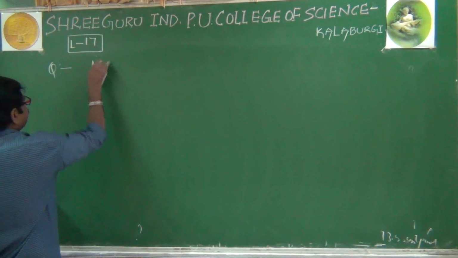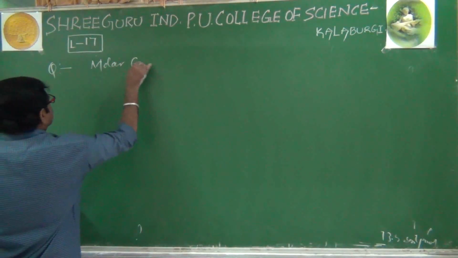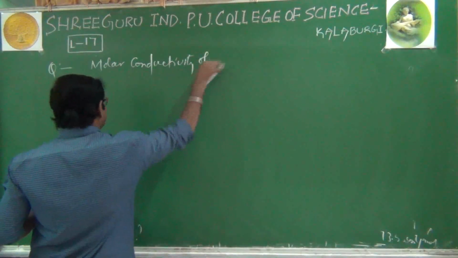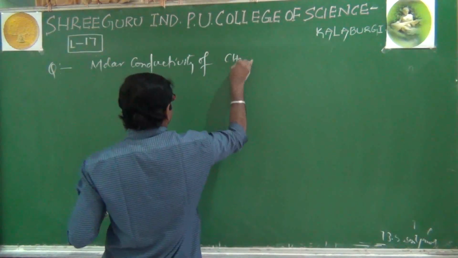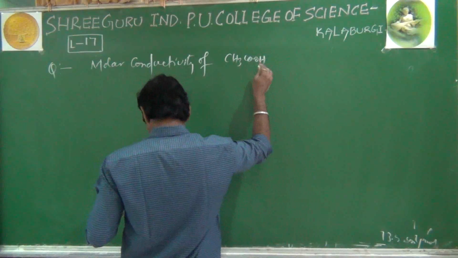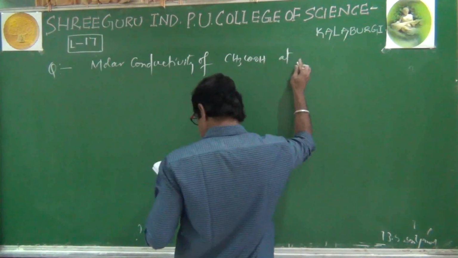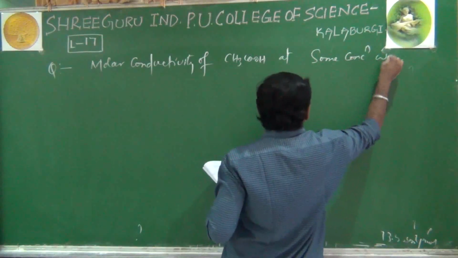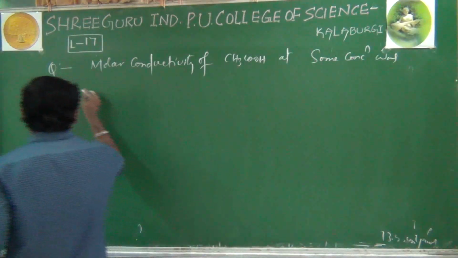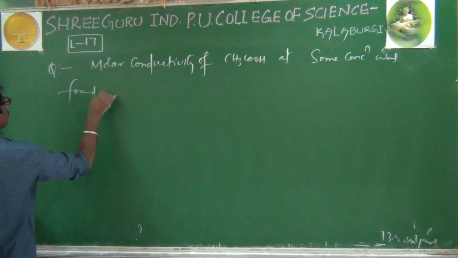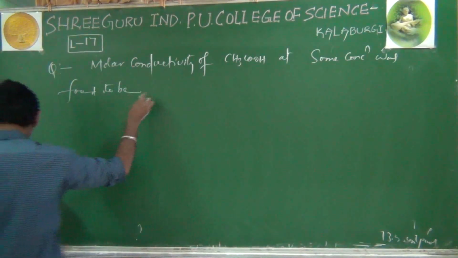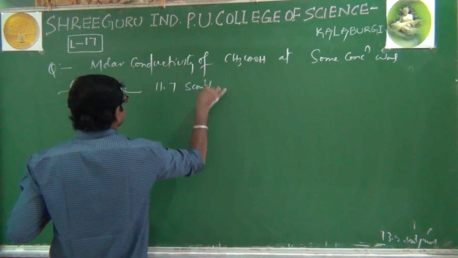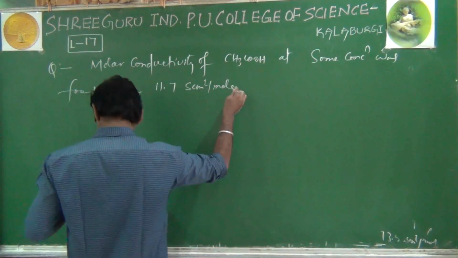Molar conductivity of CH3COOH at some concentration was found to be 11.7 Siemens centimeter square per mole.